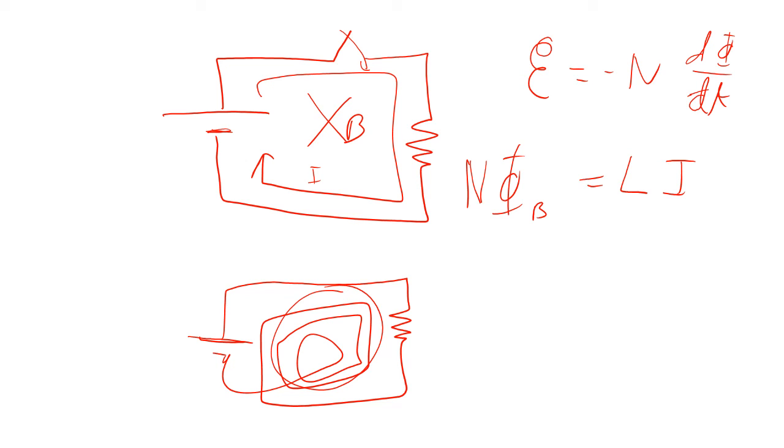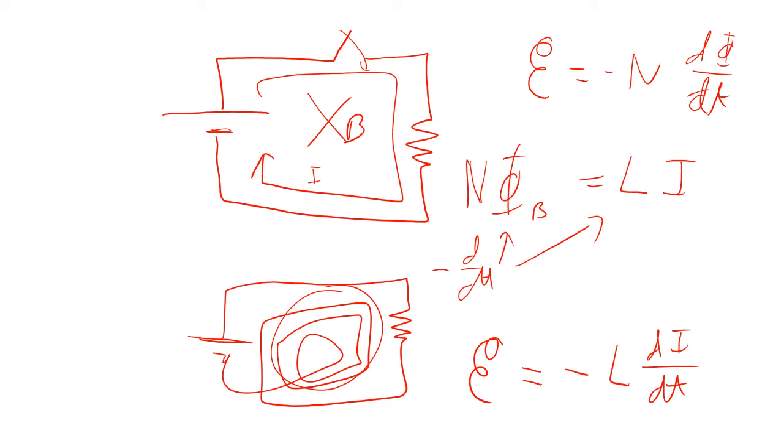And so once again, if I take the negative derivative of both sides, minus d/dt of both sides of this equation, the one on the left is the EMF, and so that's going to be minus L di/dt. So that's the EMF of self-inductance.